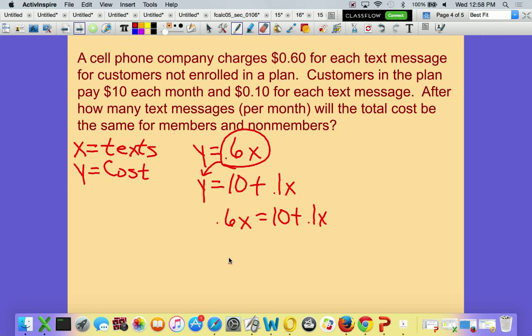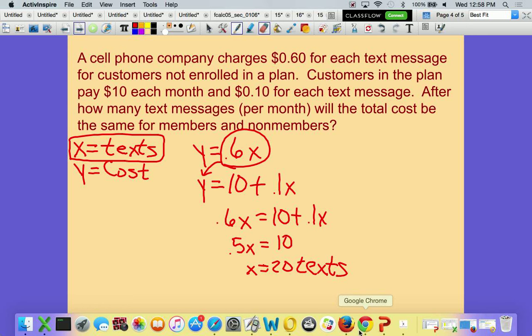Solve for x, we move that over, so 0.5x equals 10, x equals 20, and as we set up here, our x is the number of texts. So, when are these equal to each other? When each sends 20 texts.